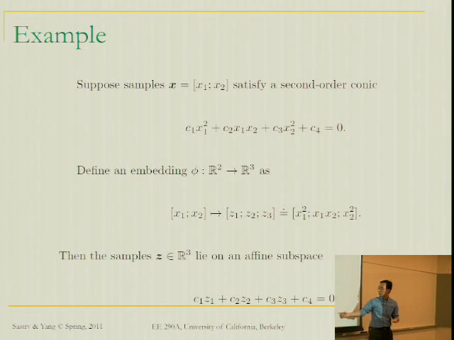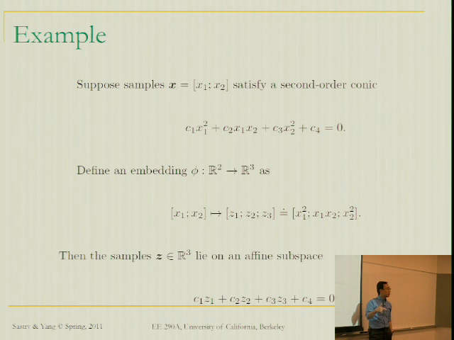If you treat z1, z2, z3 and the constant as one vector, and c1, c2, c3, and c4 as another vector, the dot product between the sample points on the subspace and the vector c equals 0, which means this vector is perpendicular to that subspace. So what you're looking for, of course, you can apply singular value decomposition, but you're not looking for the first.